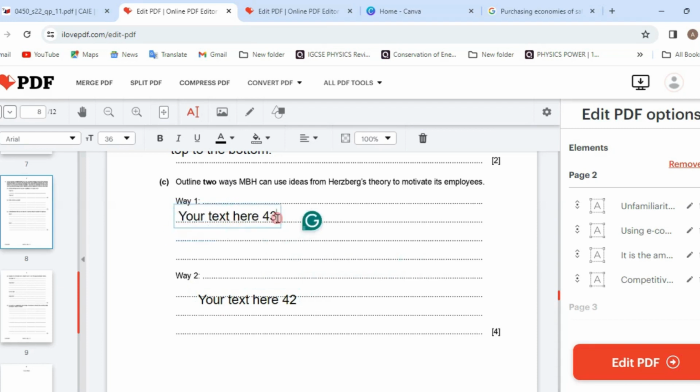Okay, let's say MBH could give employees more responsibility. More responsibility, you can say, in the hospital.